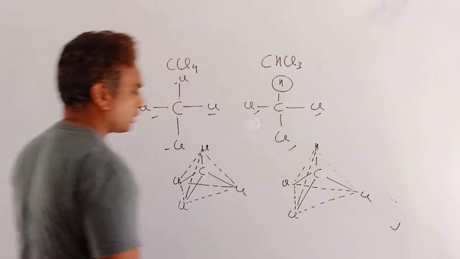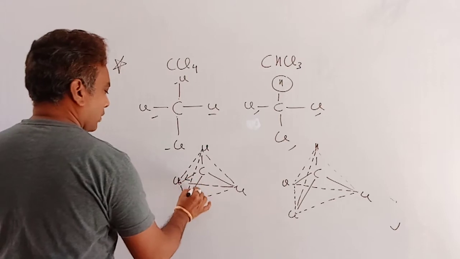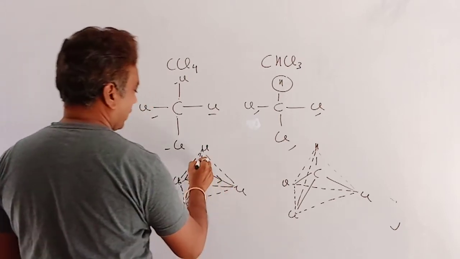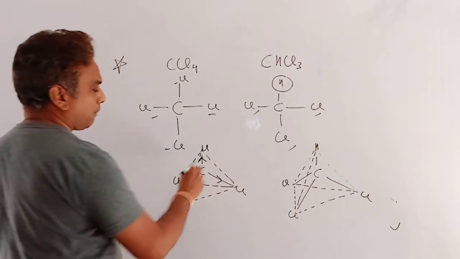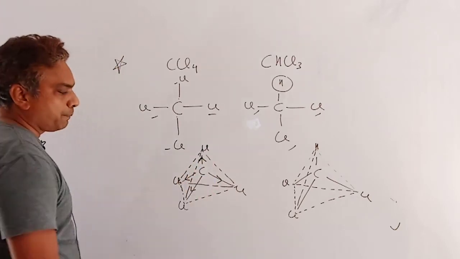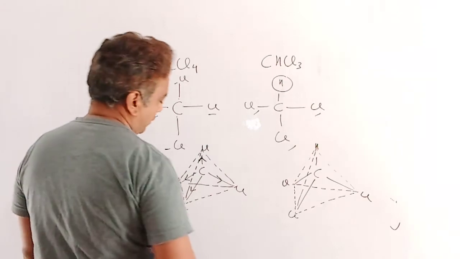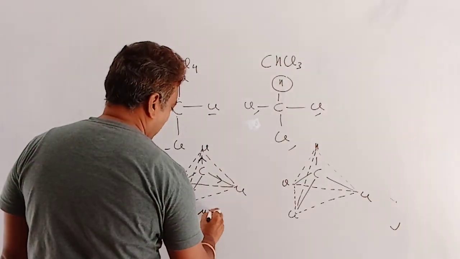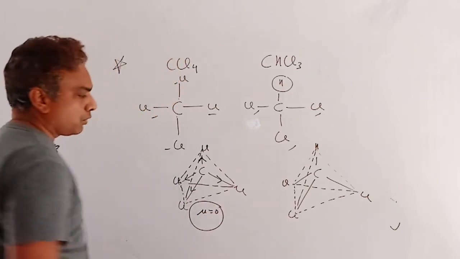Here is the dot structure. So in case of CCl4, due to attraction of shared electrons towards chlorine, the polarity is nullified or neutralized, so the dipole moment of CCl4 is 0.